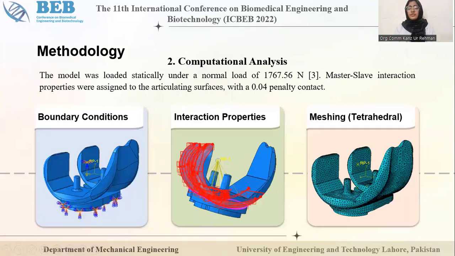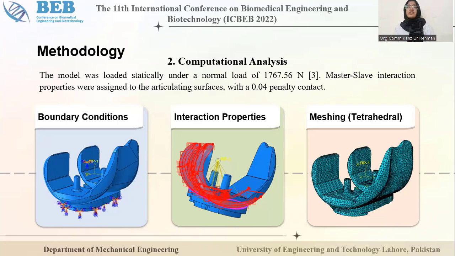So this is how our computational analysis was done. We first applied the boundary conditions. We made sure that the lower face of the tibial insert was stationary, similar to how it would be in a knee. And then the femoral component was loaded with a vertical load of approximately 1.7 kilonewtons.